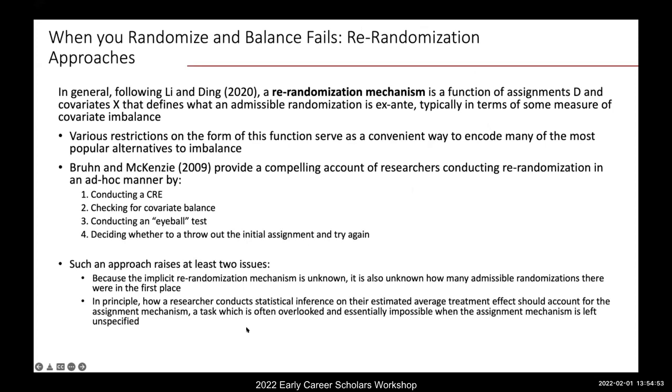In principle, how a researcher conducts statistical inference on their estimated average treatment effect should account for the assignment mechanism, a task that is often overlooked and essentially impossible when the assignment mechanism is left unspecified. One way is to specify this ex ante, which you can pre-register on the AEA social science registry, for example.